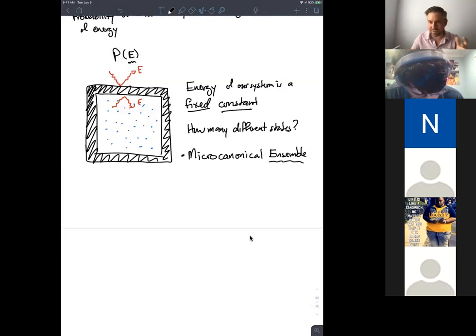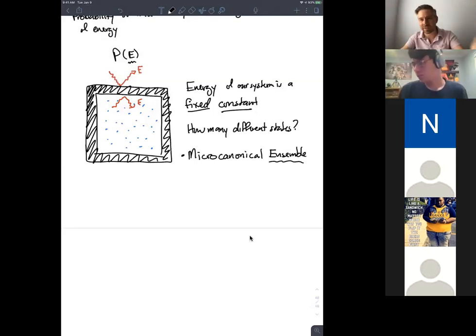It's called an ensemble because we're imagining a whole collection of these different boxes of gas, where the number of boxes is the same as the number of possible states. And the microcanonical here indicates that we're looking at fixed energy. So whenever you hear microcanonical, you should think fixed energy.